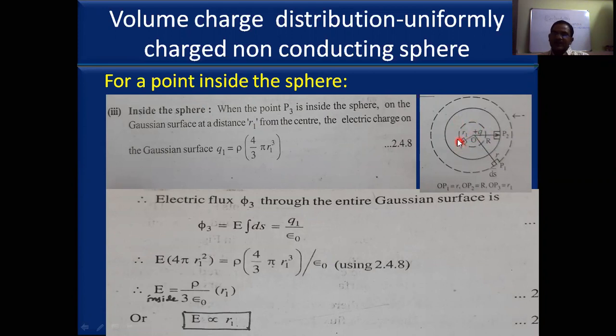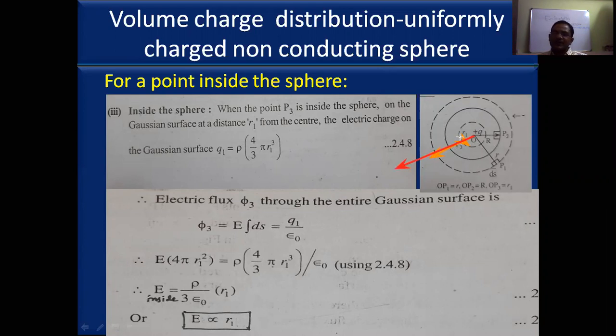Here also you consider a small area element ds. This is the small area element ds. Now the direction of ds bar will be like this. Similarly, the electric field strength is always normally outwards. E bar direction is like this. So E bar and ds bar are in the same direction.